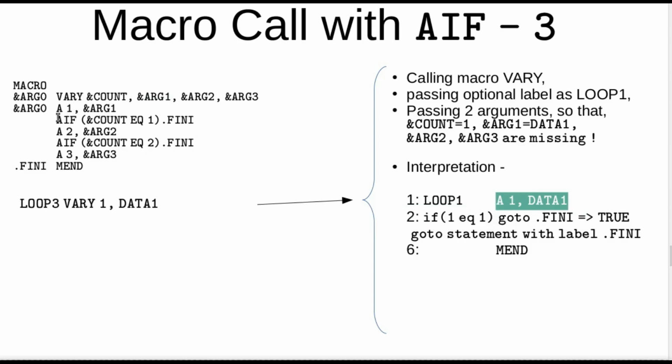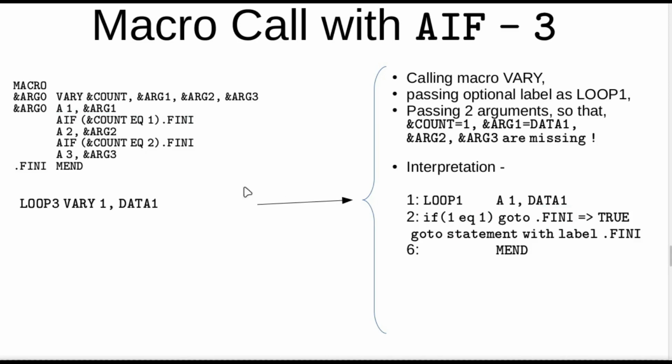In the second instruction we have that AIF statement, AIF ampersand count equal to 1 dot fini, right? So again the interpretation is, if the value of count equals 1, then go to the statement whose label is .fini.